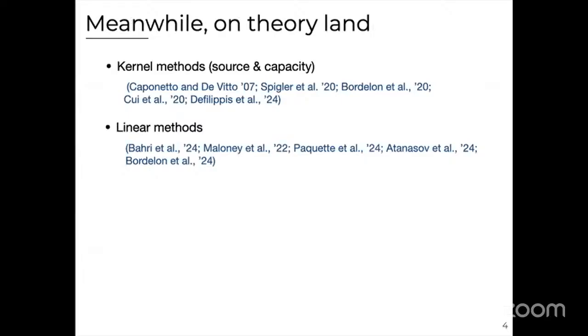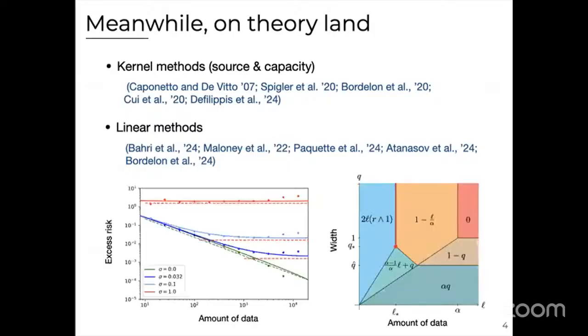Okay, so again, meanwhile, in theory land, what do we know about scaling laws? Most of the theory has been done either for kernel methods or linear methods, which are non-adaptive, and in this context we have understood these bottlenecks very well.